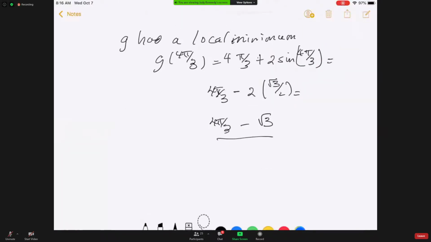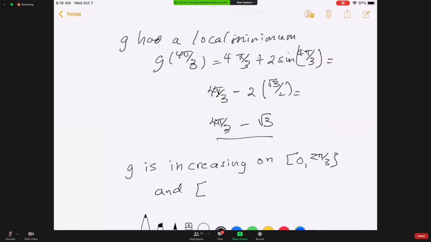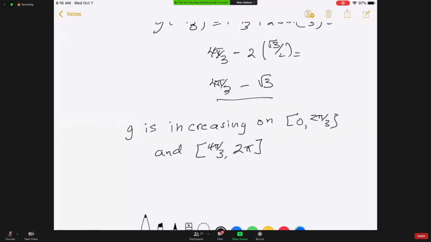G is increasing on the interval from 0 to 2 pi over 3 and the interval from 4 pi over 3 to 2 pi, and it's decreasing on the interval in the middle, which is 2 pi over 3 to 4 pi over 3.